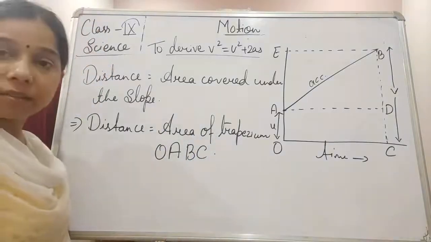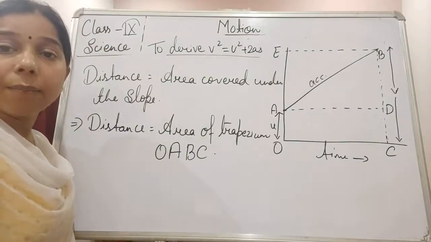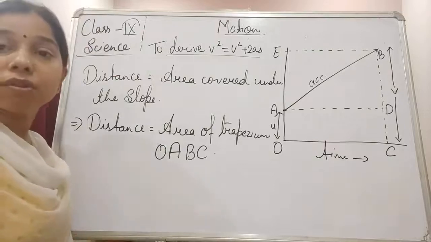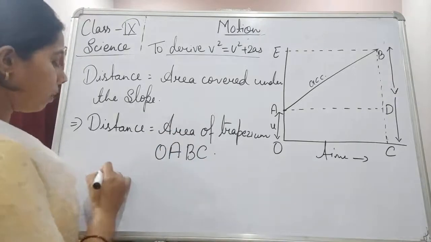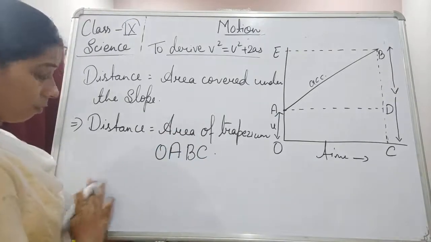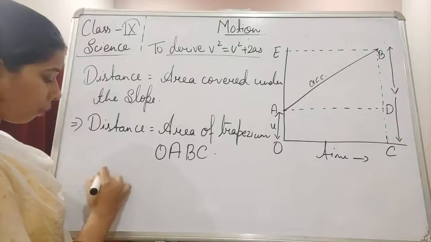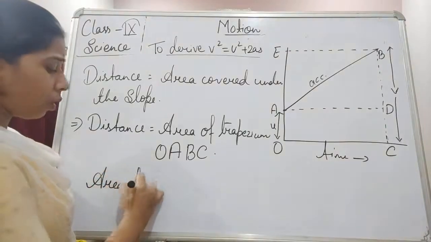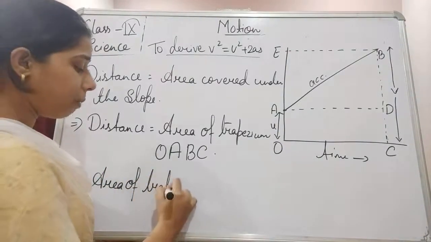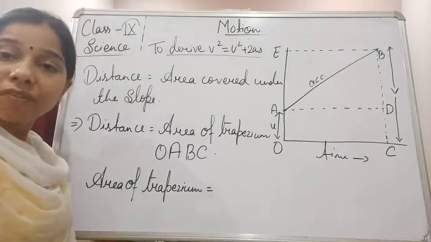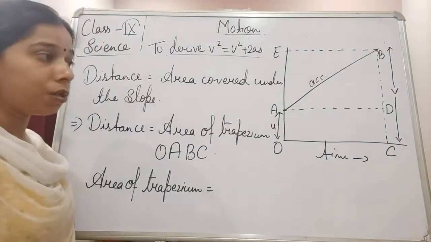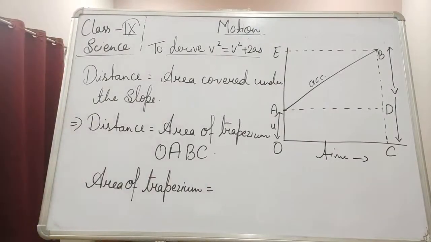The area of trapezium OABC is the distance travelled by it. Now the area of a trapezium is equal to the sum of the parallel sides into height divided by 2.